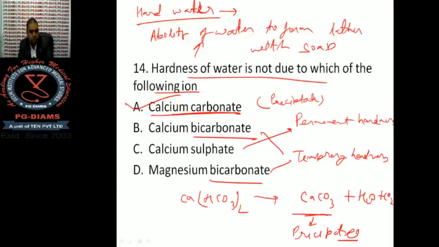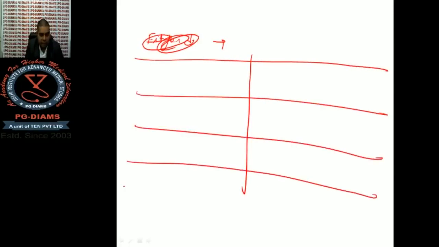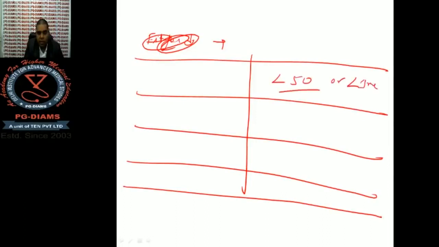Now when will you call water unfit for drinking? If you have to find out whether the water is fit for drinking or not, you divide water into 4 categories. One is less than 50 ppm or less than 1 milli equivalent.